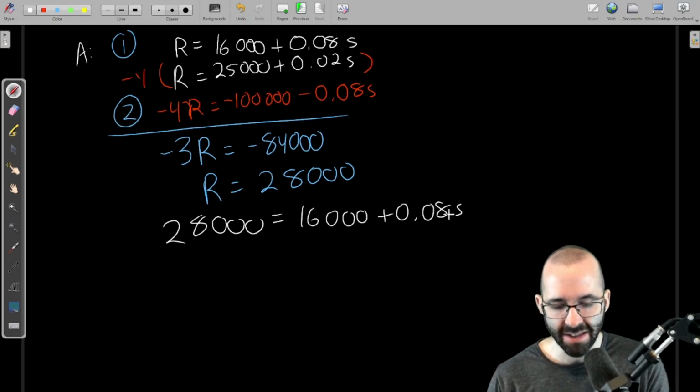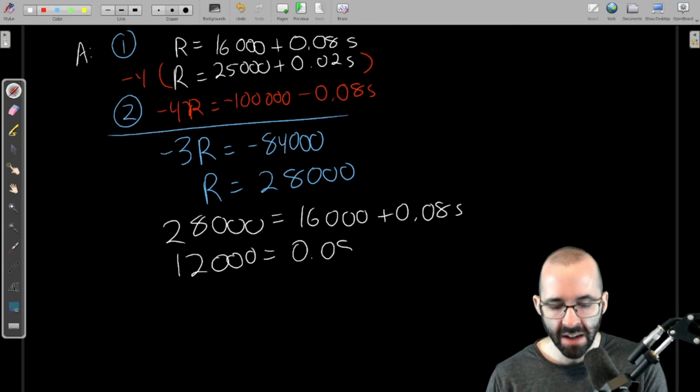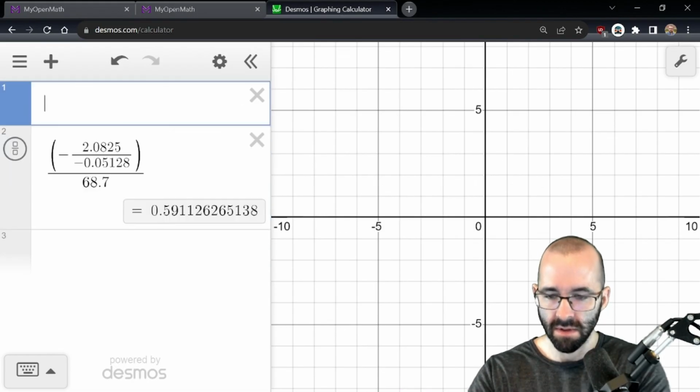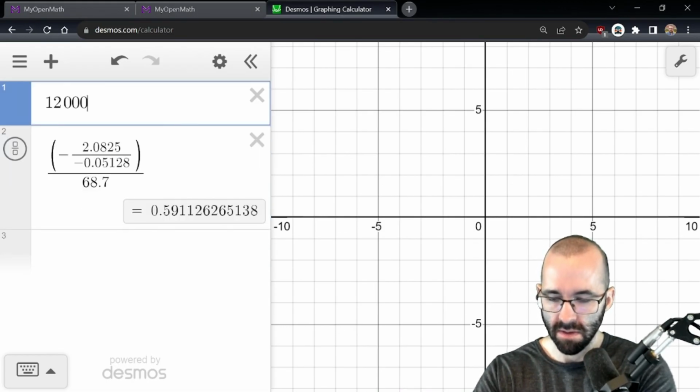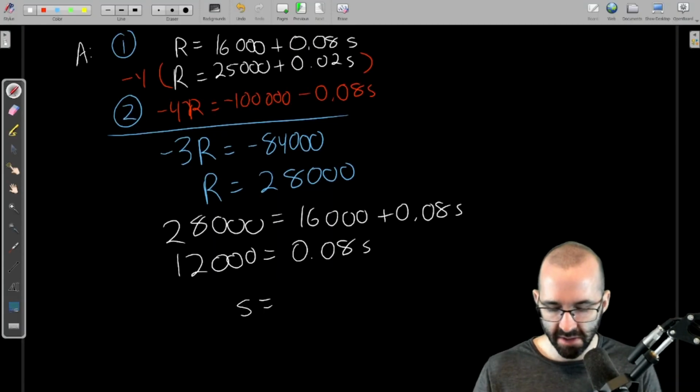All right, let's find out what S has to be. Subtract 16,000 from both sides. And divide both sides by 0.08. When you divide 12,000 by 0.08, you're going to get 150,000.